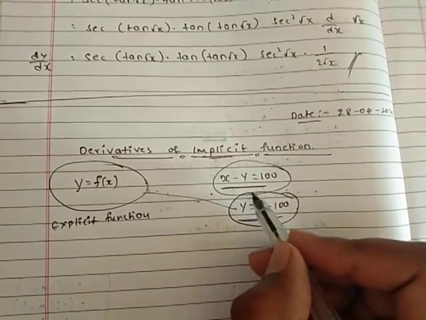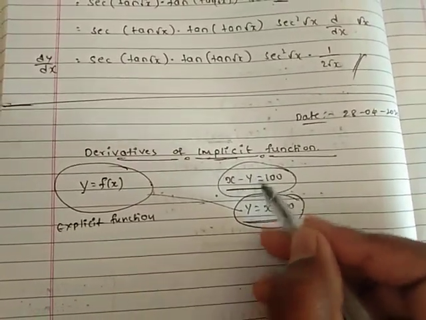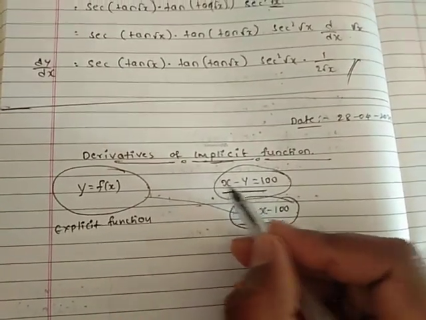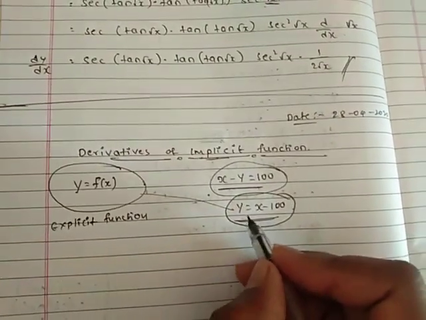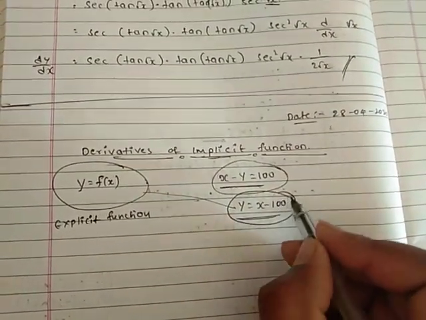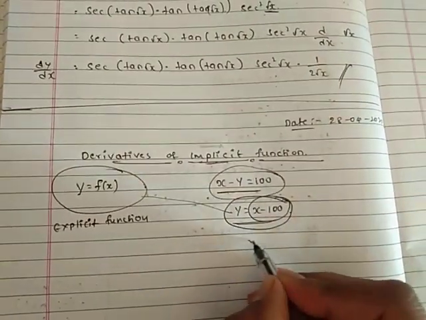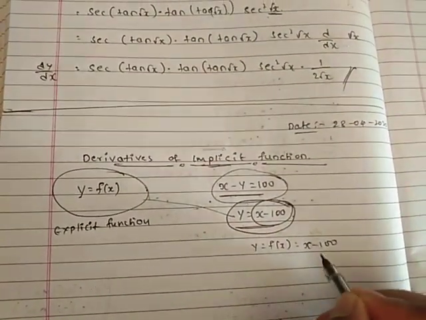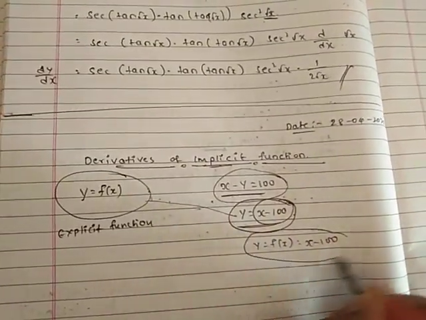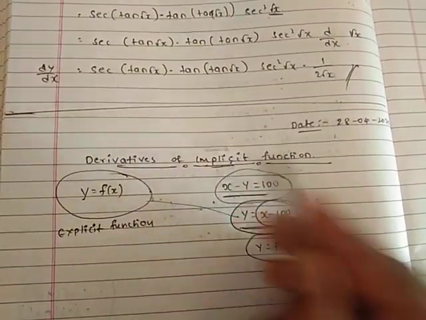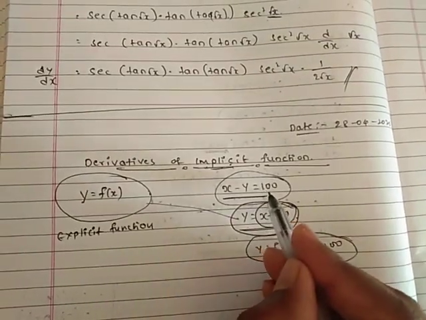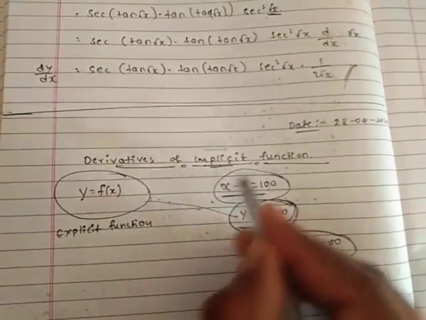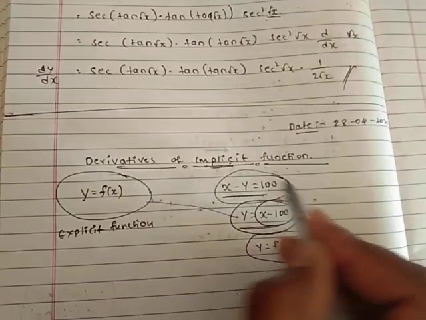Here we can express it as f of x, that is, y is equal to f of x, which is nothing but x minus 100. So this type of function, x minus y is equal to 100, is called an implicit function.